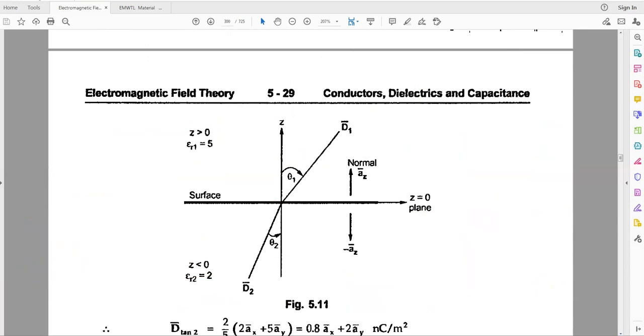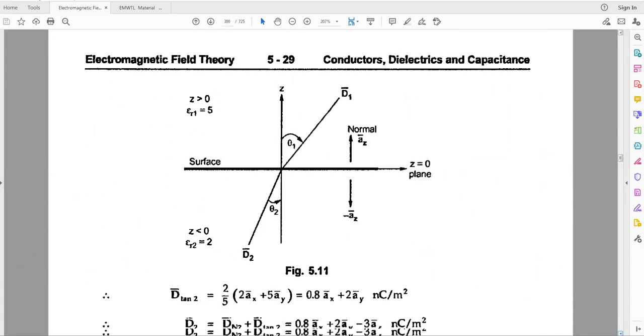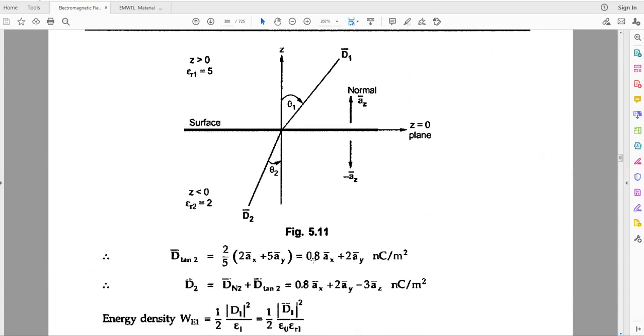So D tan 2 is equal to 2 by 5 into 2 AX bar plus 5 AY bar. The AX bar coefficient is 0.8 and 2 AY bar is the normal component.